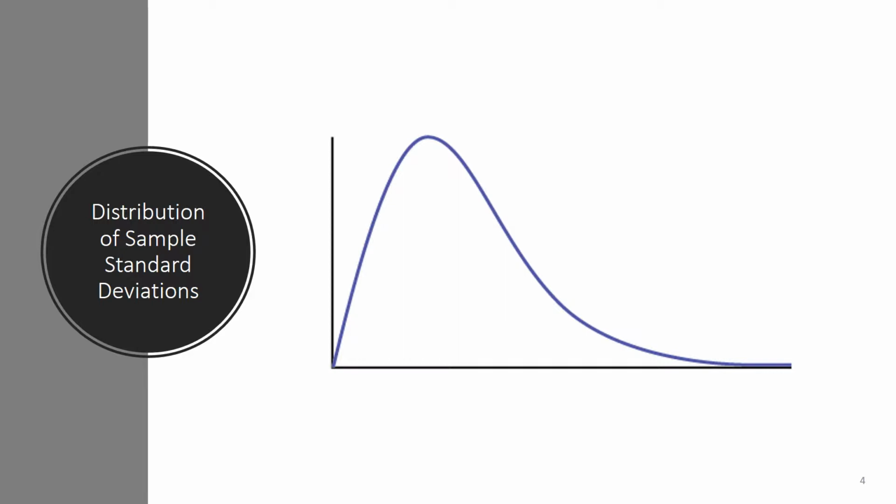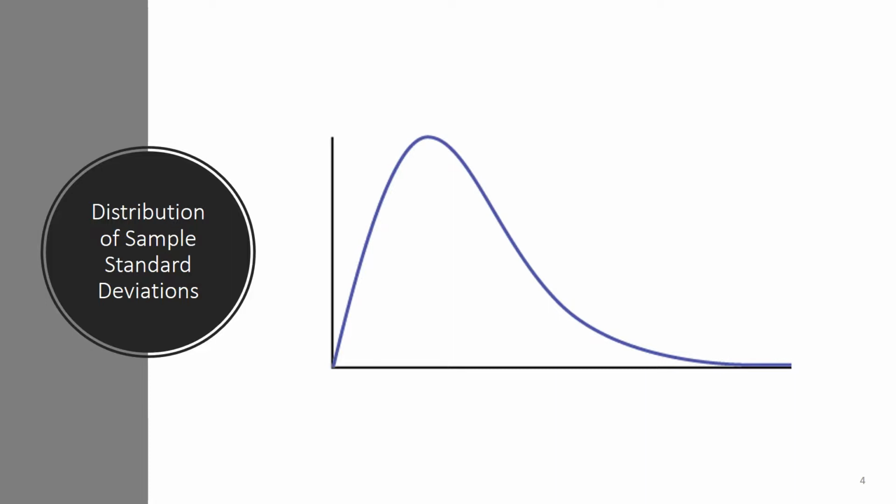But to understand why it looks different, you need to understand the distribution of sample standard deviations. When you calculate a sample standard deviation, it's not going to be exactly the population standard deviation. More likely than not, the sample standard deviation is going to be less than the population standard deviation.